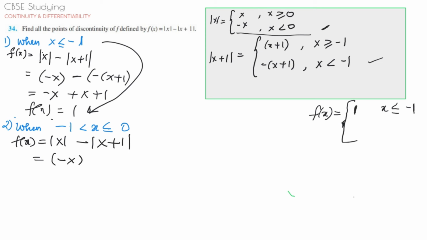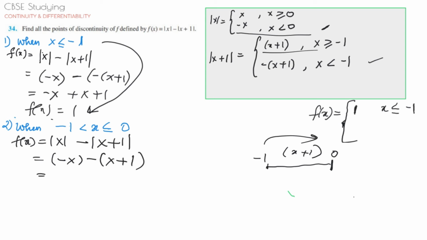When x is between minus 1 and 0, that means that x plus 1 is greater than minus 1, not lesser than minus 1. So for greater than minus 1, x plus 1 is positive. So we are going to write it as positive. Open the bracket and you get minus 2x plus 1.